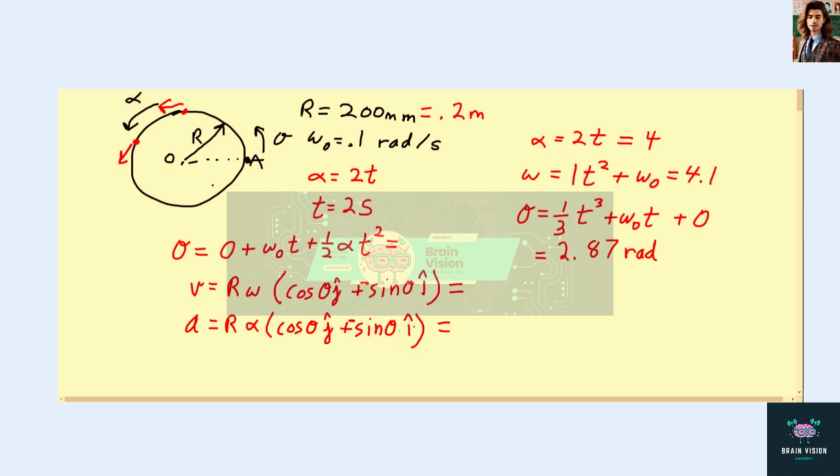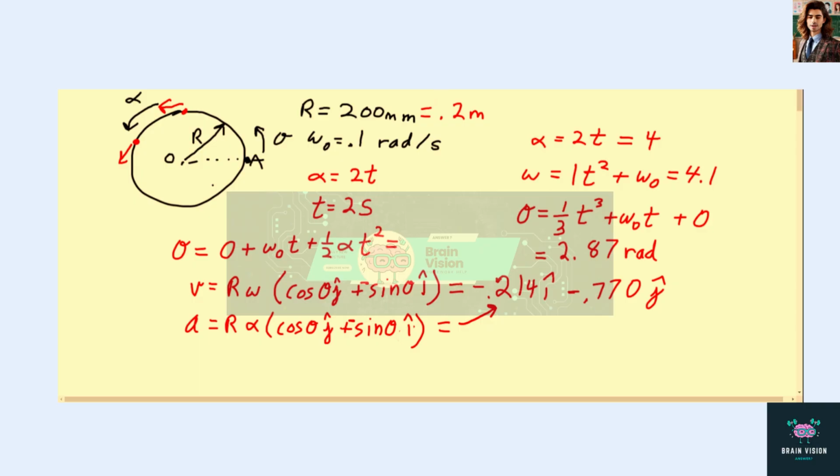Okay, and then the answers we get here for the velocity are negative 0.214 i hat minus 0.770 j hat. I'm sorry, I actually wrote this in the wrong position here.